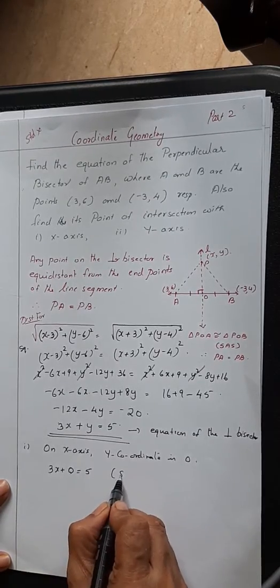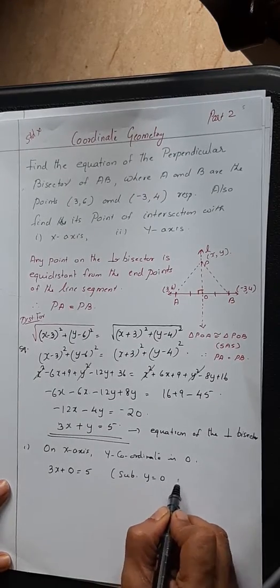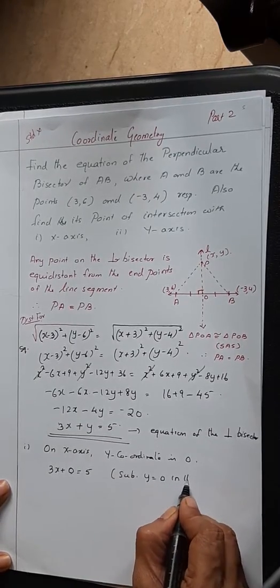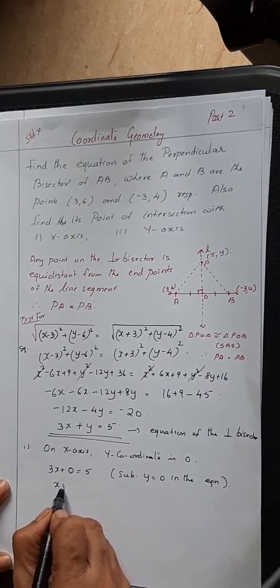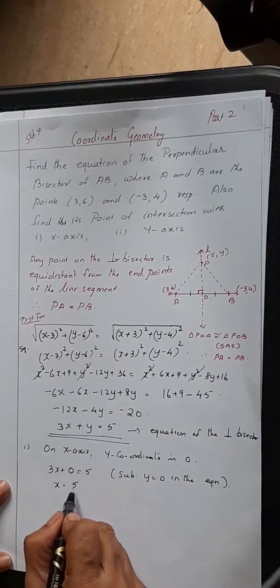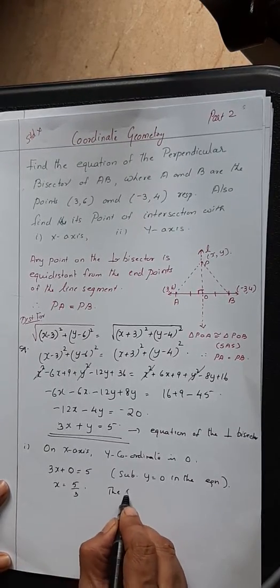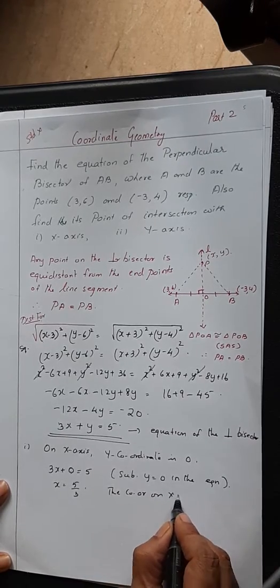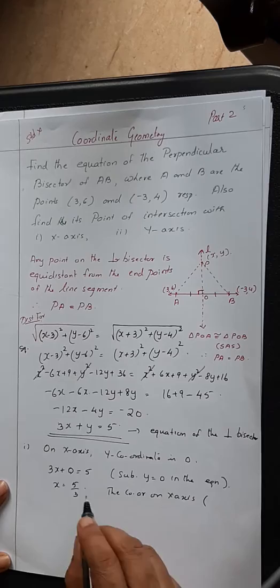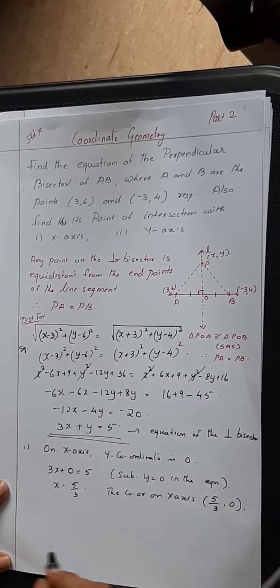That is substituting y equal to 0 in the equation. So from this you will get x is equal to 5 by 3. So the coordinates on the x-axis: the x coordinate is 5 by 3 and the y coordinate is 0.